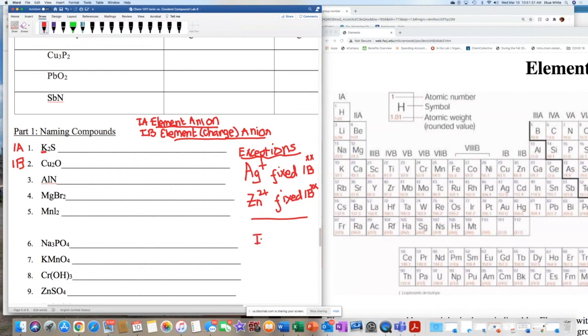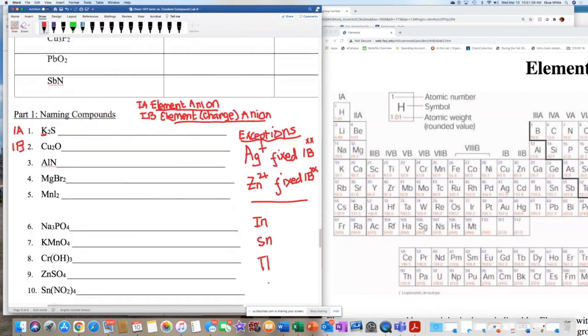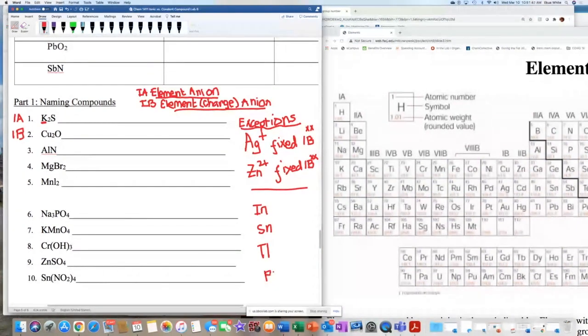Indium, tin, tellurium, and lead. These are ionic A, but they can form more than one charge. It's mostly these four, so you want to be aware of that, but it's not only these four.